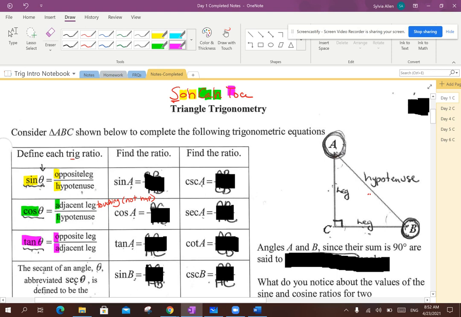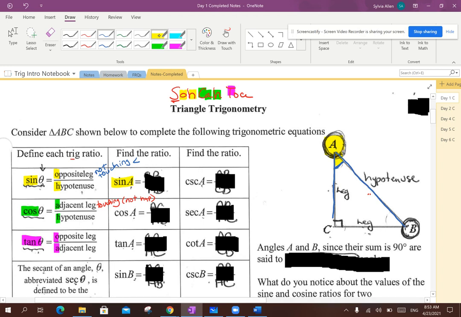So let's take a look over here. What we're going to do is look at the ratio for sine of A. So again, the angle A is right here. I'm looking in terms of this angle right here. We've got the opposite leg. Opposite means it's not touching the angle. So this side is touching the angle and the hypotenuse is touching the angle.